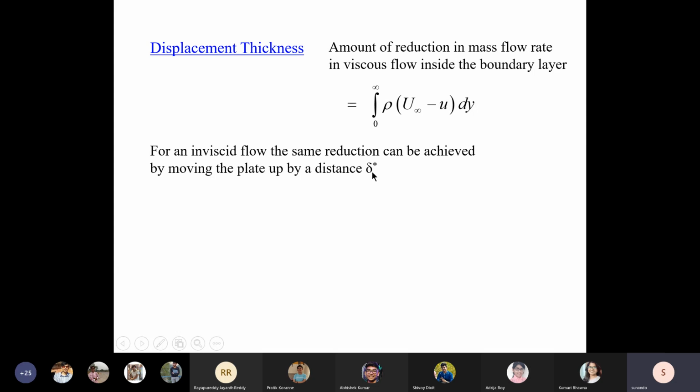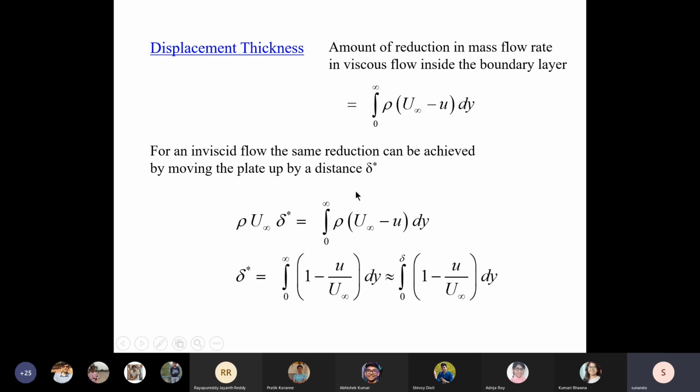So some amount of flow area in inviscid flow you are completely obstructing, in order to obtain the same amount of reduction in mass flow rate. You are making sure that delta star distance will be blocked for flow so as to make the reduction in mass flow rate equal to the reduction in mass flow rate which you would obtain because of the viscous flow.